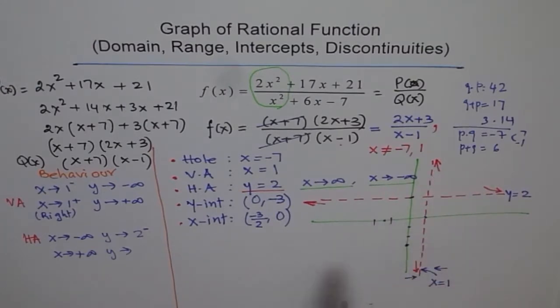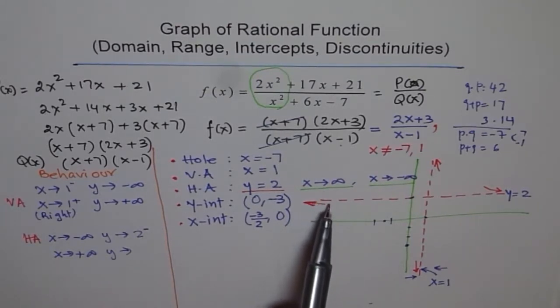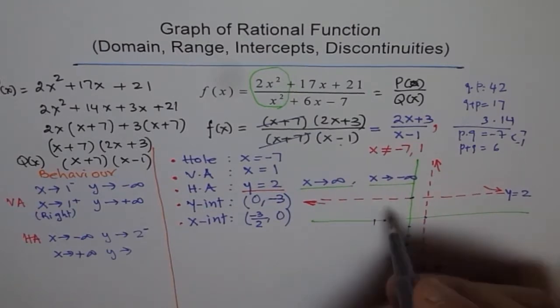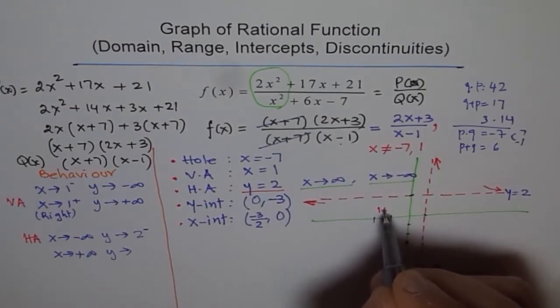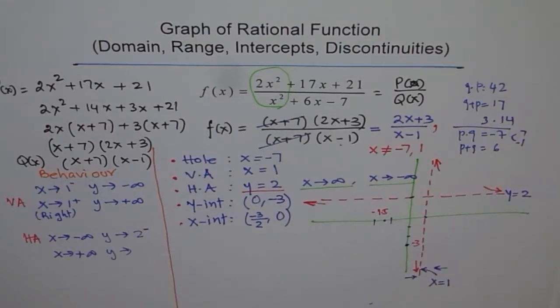If you see from left to right, always when you are drawing graphs, you have to see them from left to right. Then this graph is approaching 2 from below, and then it has an x-intercept here at -1.5. Let me write -1.5 here, and then this point is -3. Let me write -3 here, and then it goes to minus infinity. So that is our graph on the left-hand side.